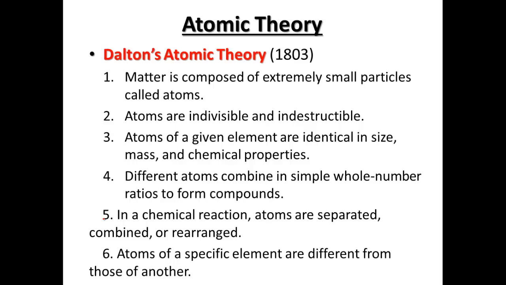In a chemical reaction, atoms separate, combine, or rearrange, so we never lose any atoms. And atoms of a specific element are different from other elements. Now Dalton had a few incorrect ideas, things he didn't have right.